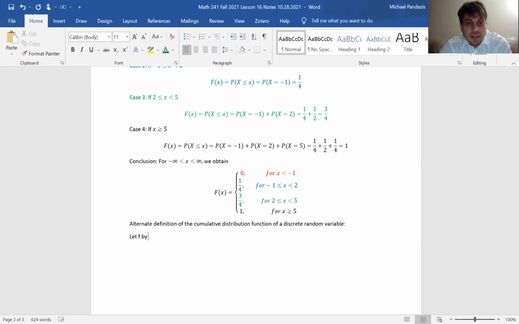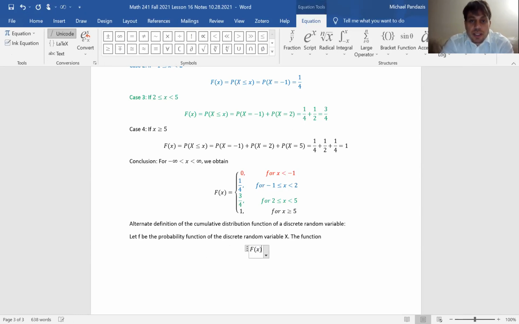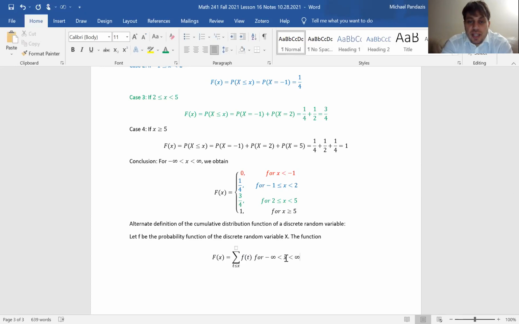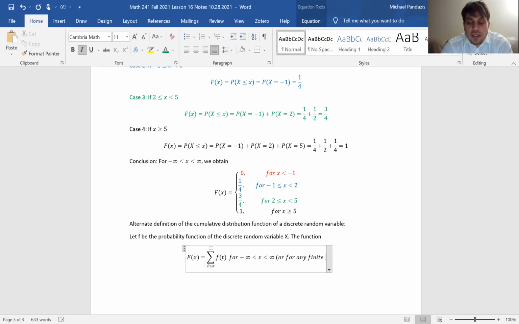So let little f be the probability function of the discrete random variable capital X. The function capital F of x, which is equal to the sum over all t less or equal to x of f of t, for negative infinity strictly less than x, strictly less than infinity, just meaning any finite x, or for any finite little x.